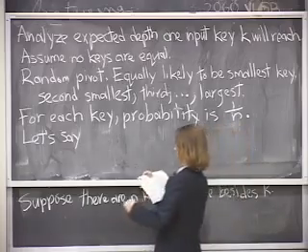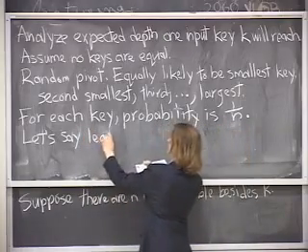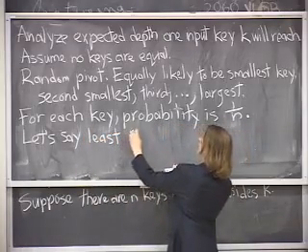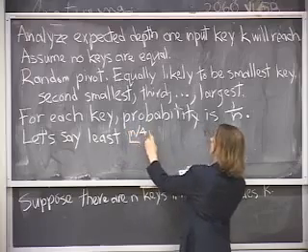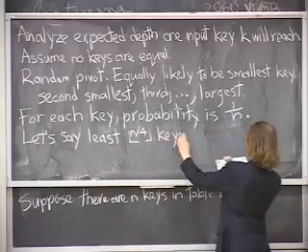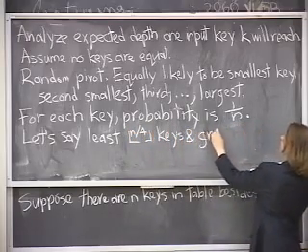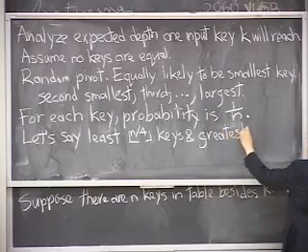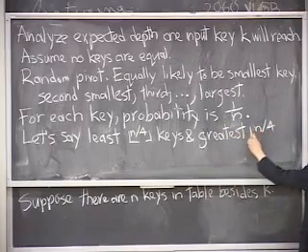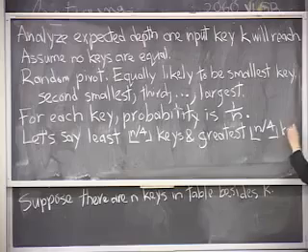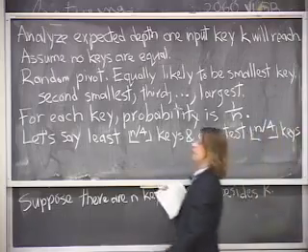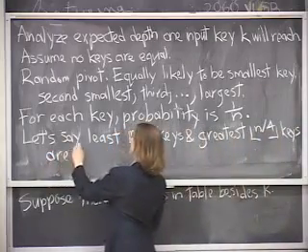So to be a little more specific, let's say that the least floor of n over 4 keys, and the greatest floor of n over 4 keys, are bad pivots.